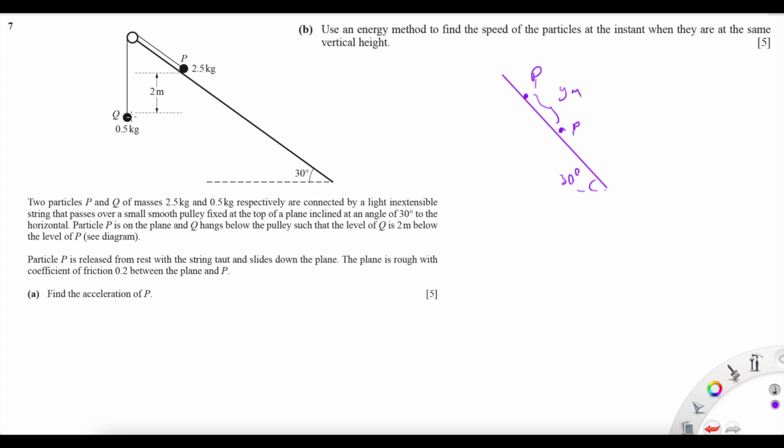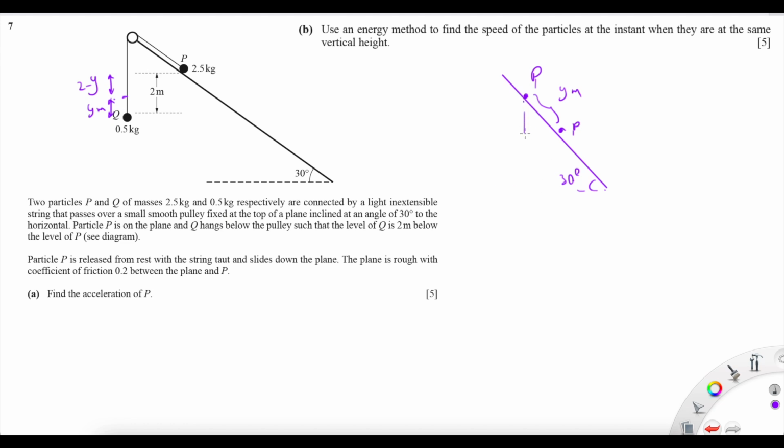Now, Q also moves upwards y meters. If it moves y meters up, we know that the initial distance between their heights was 2 meters. So this distance will be 2 minus y meters.